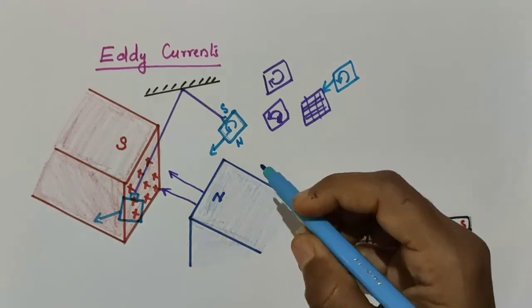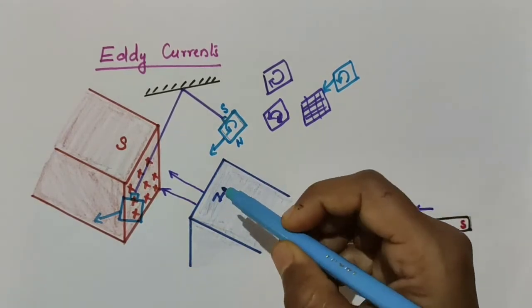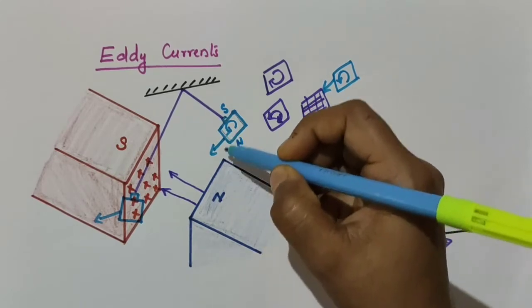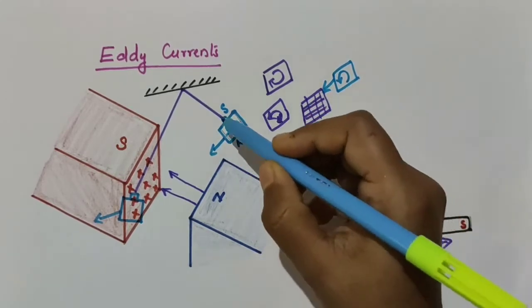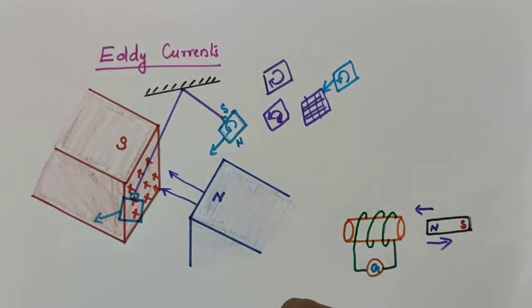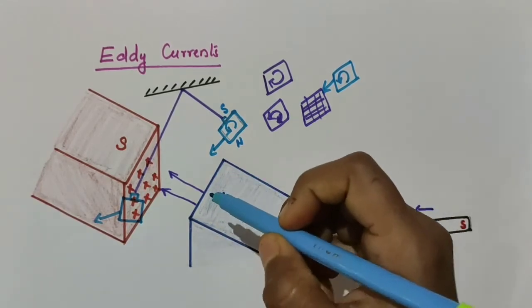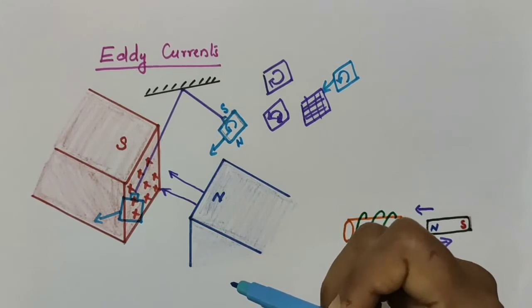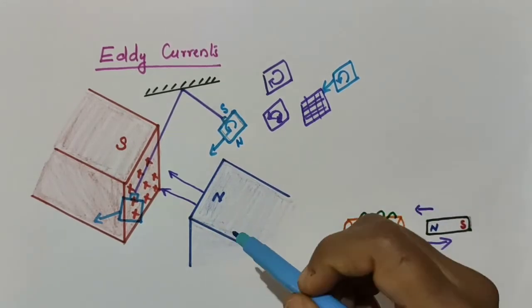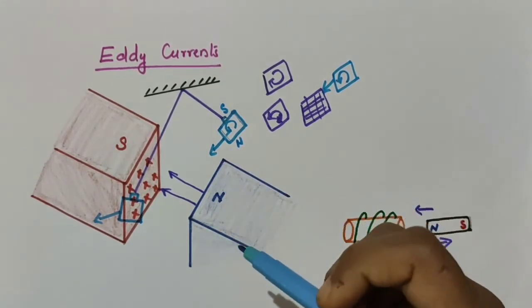So this is a situation where north faces north and south faces south. So there will be a repulsion that opposes the change in flux. I hope you understood. If not, please rehear it.